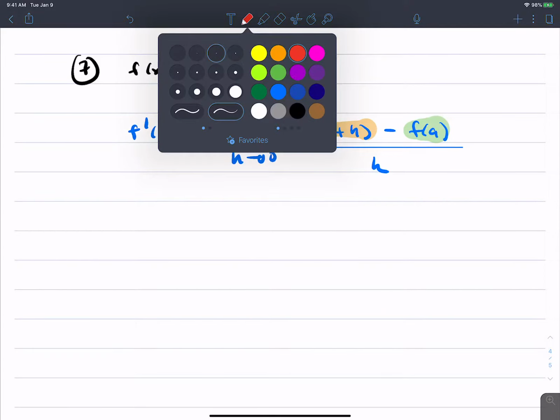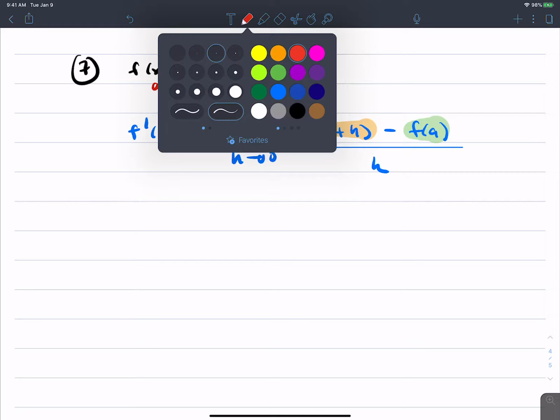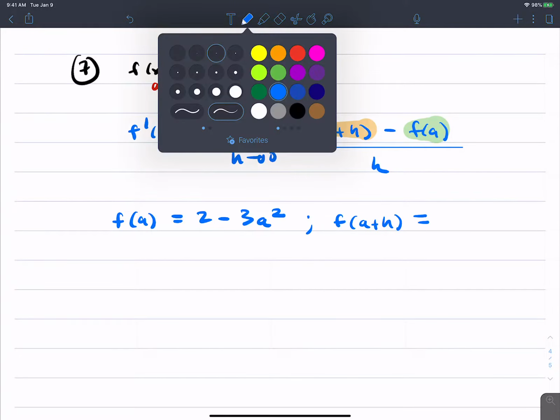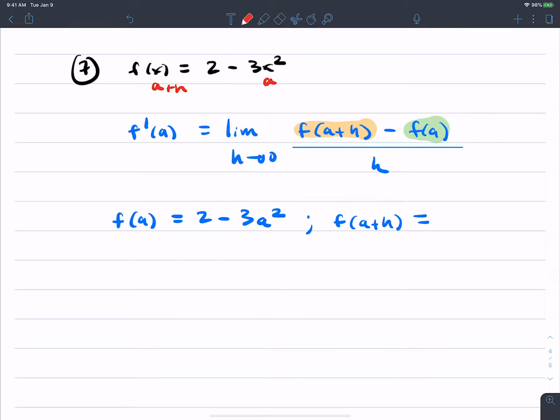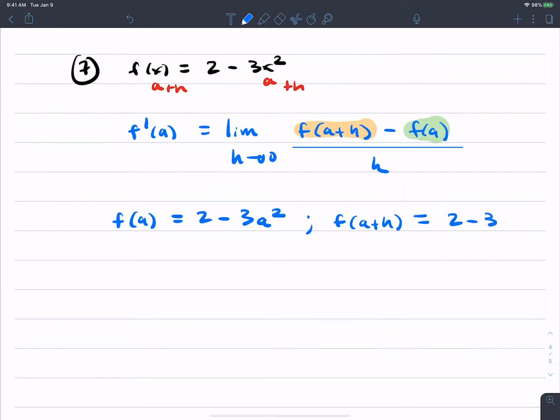So you're going to plug in an a wherever there's an x, and you end up with f of a is 2 minus 3a squared. And then f of a plus h will be 2 minus 3 times a plus h squared.